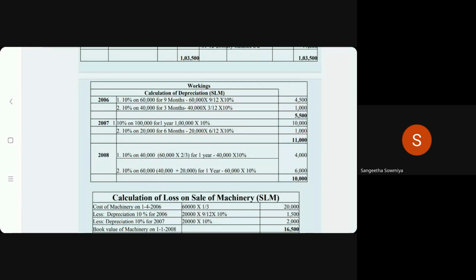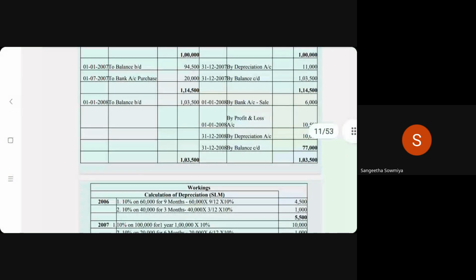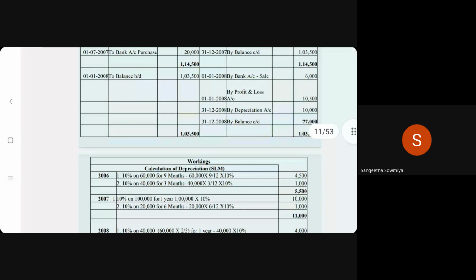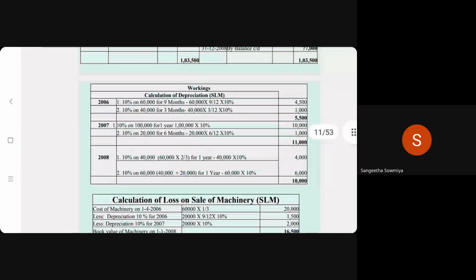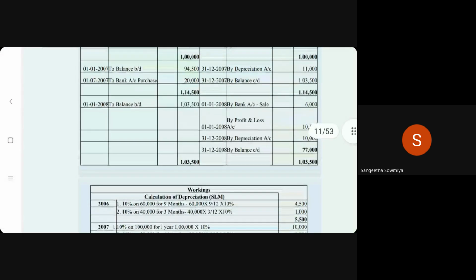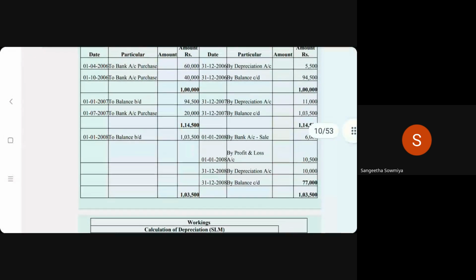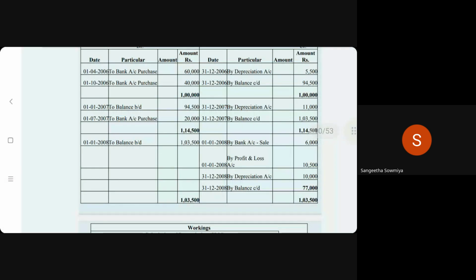Then the current year's purchase was made only on 1/7/2007, 6 months. So 20,000 into 10% into 6 months, that is 1,000 rupees. So totally 11,000 depreciation you have to write in the second year, by depreciation at the end of the year, 31/12/2007, 11,000.